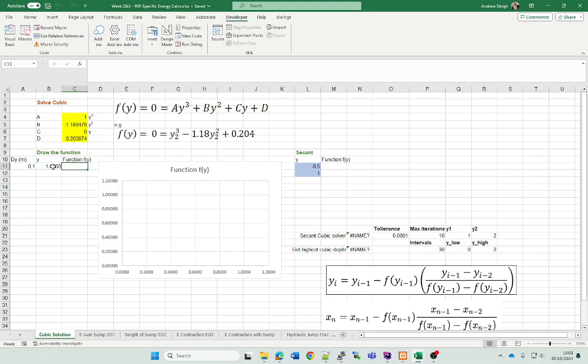So just a recap of what was in the last video on the slides. I'm going to type this function in this box so we can draw a function of the cubic. So let's go there.